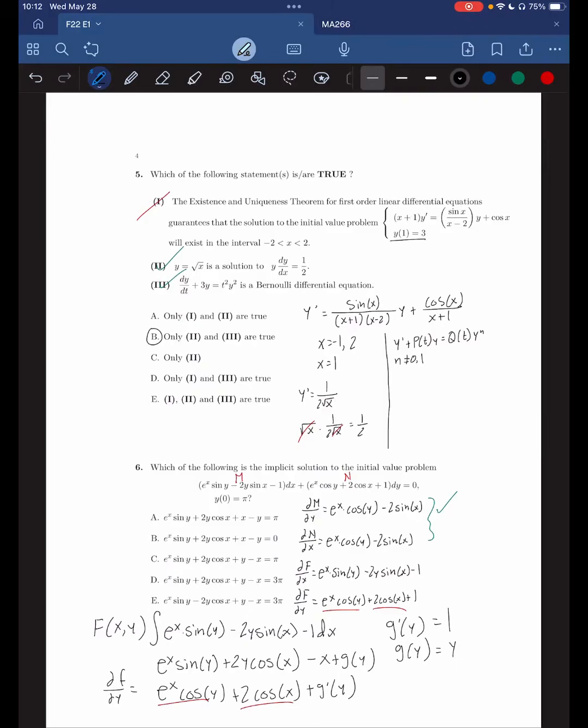Now, so our solution with our c's, I'll write this in a different color, is e to the x sine y plus 2y cosine x minus x plus y is equal to c.